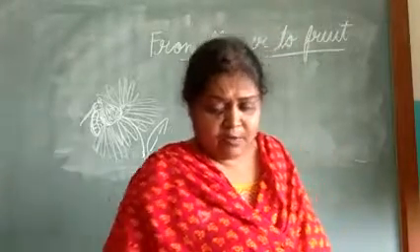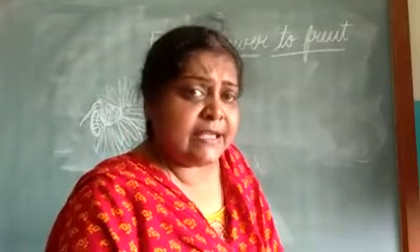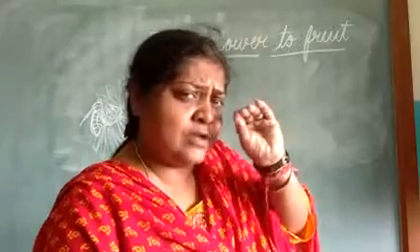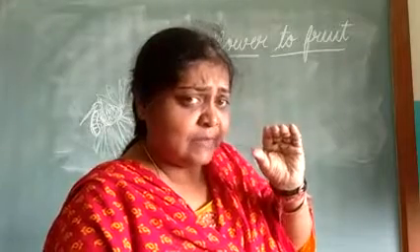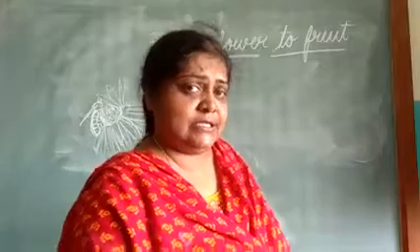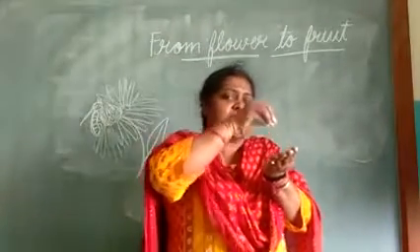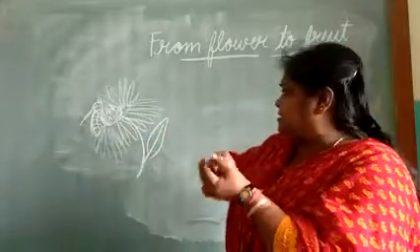Nectar. When an insect sits on a flower, some of the pollen grains, the yellow pollen grains in the flower, stick to it. Some pollen grains stick on it.